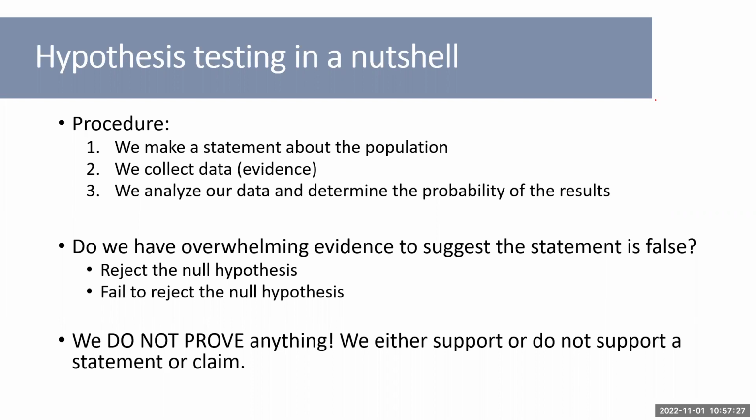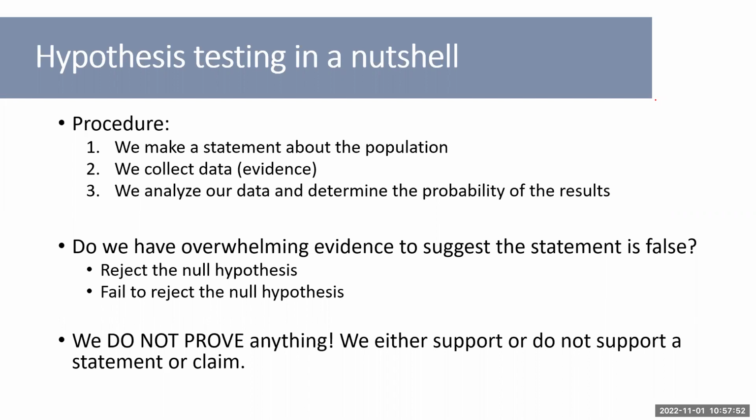Then we're going to collect our data through sampling, surveying, things like that. That's going to be our evidence. And then we're going to use the statistical methods, a lot of what we've already learned, to analyze that data and then determine how likely it is to see the results that we saw. Basically all we're looking for in that evidence during that analysis is to see, do we have overwhelming evidence?